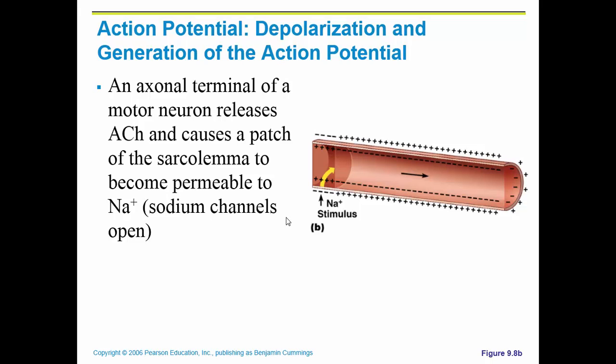Now, the axonal terminal, and we have to remember what that is, is where the axon and the sarcolemma come into contact. That axonal terminal is where all those synaptic vesicles are with the acetylcholine.